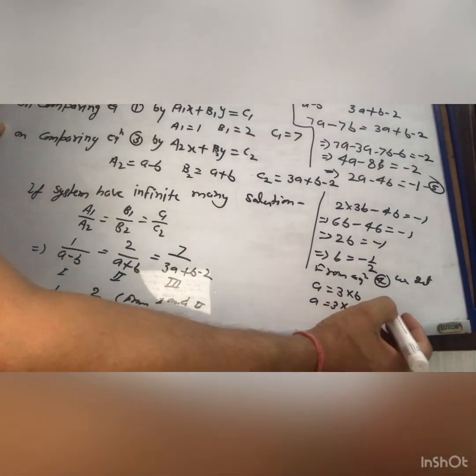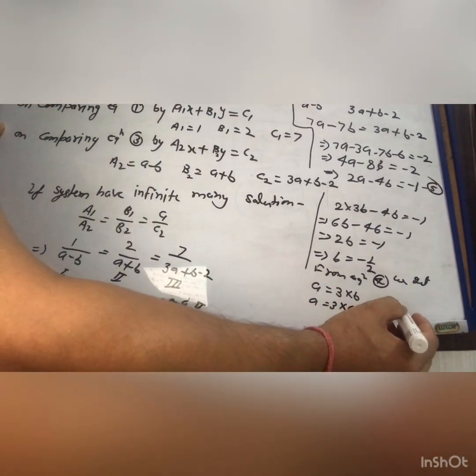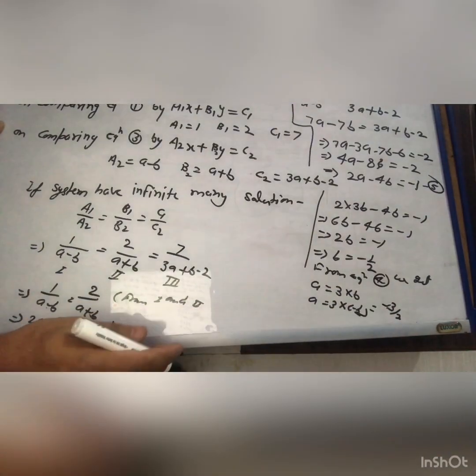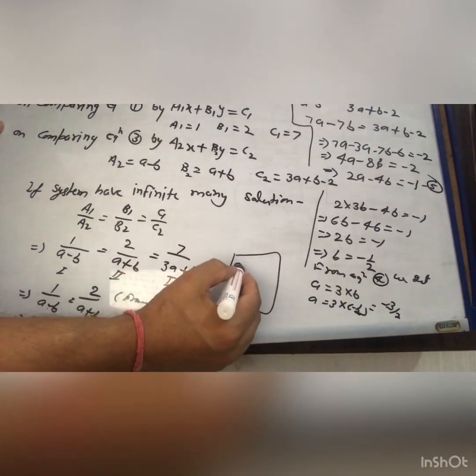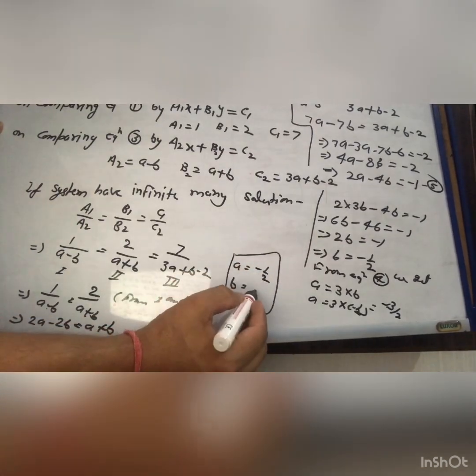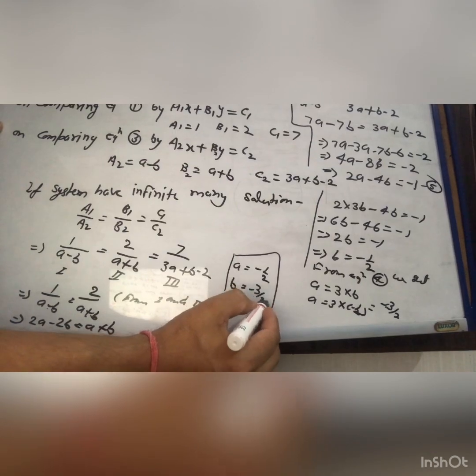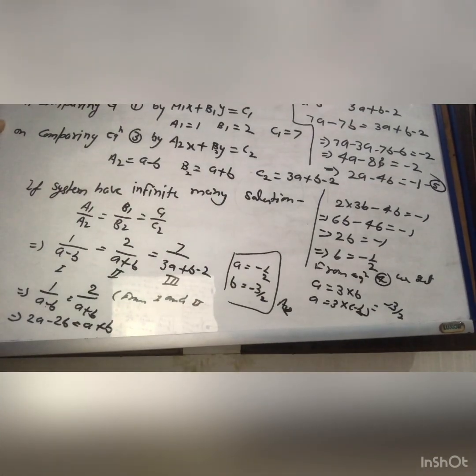So this is minus 3 by 2. Hence we get the answer: a equal to minus 3 by 2 and b equal to minus 1 by 2. So this is your final answer. This is an important question.